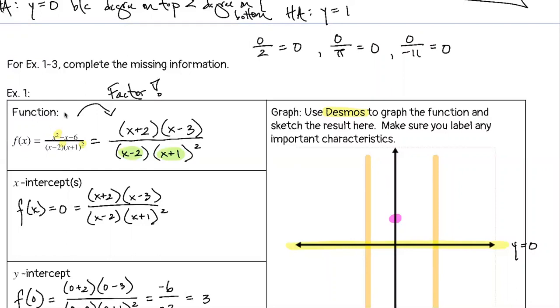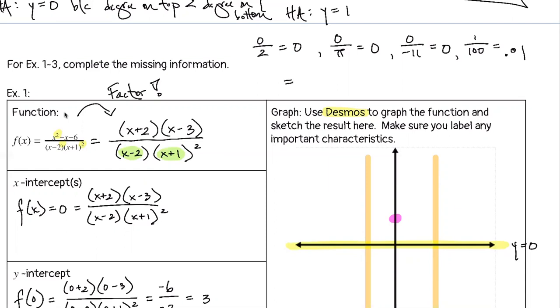Zero. Okay. What about 1 divided by 100? .01. Okay.